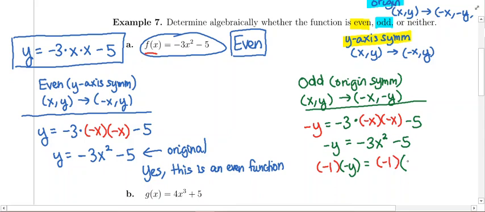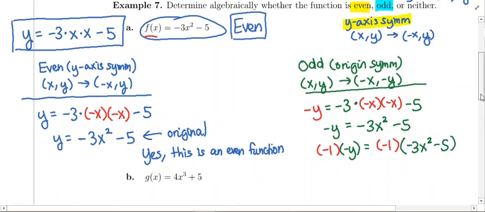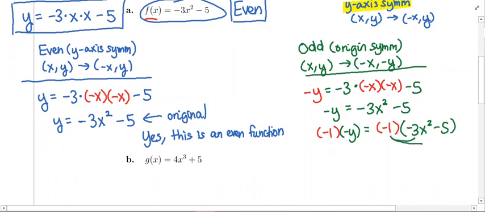You're going to distribute that negative 1 to both of the pieces on the right side, so make sure when you write this down, you put both pieces in parentheses. Now you'll be able to distribute. If we simplify, we get y equals negative 1 times negative 3x squared, which is positive 3x squared, and then negative 1 times negative 5 is positive 5.